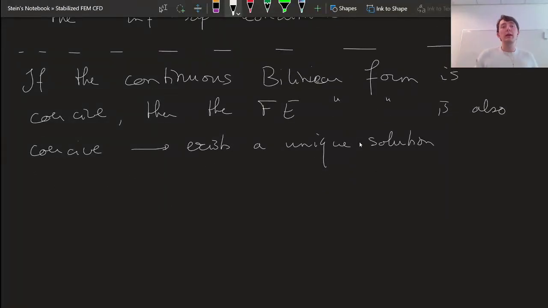So that's why we like coercivity. If we can prove that the bilinear form corresponding to the true PDE without approximation, without numerical finite element methods involved, if that is actually coercive, then the finite element method is also creating a coercive bilinear form, which means that, based on the same theory, there exists a unique solution.